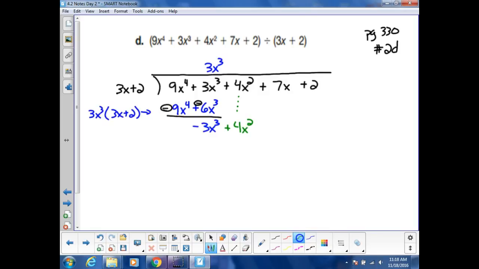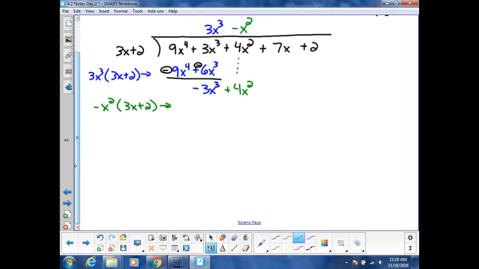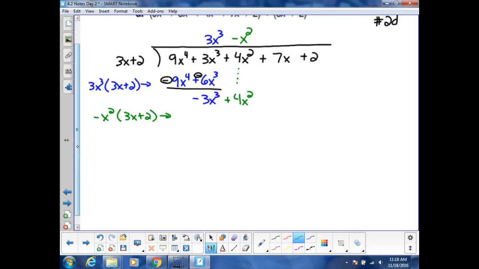Multiply by negative 1x squared. That's going to be negative 3x cubed minus 2x squared.